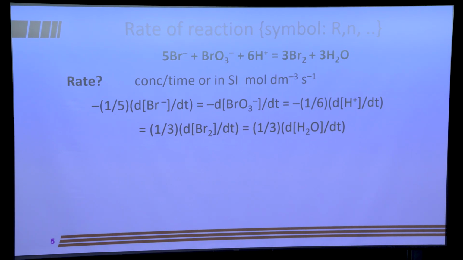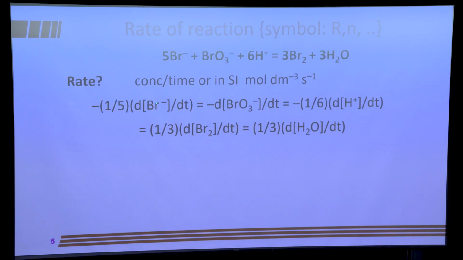Because in every reaction, 5 Br minuses are consumed, right? So the rate of reaction is 1/5 the rate of change of Br minus with respect to time, okay? And it's negative because Br minus is decreasing in time. It's a reactant, right?